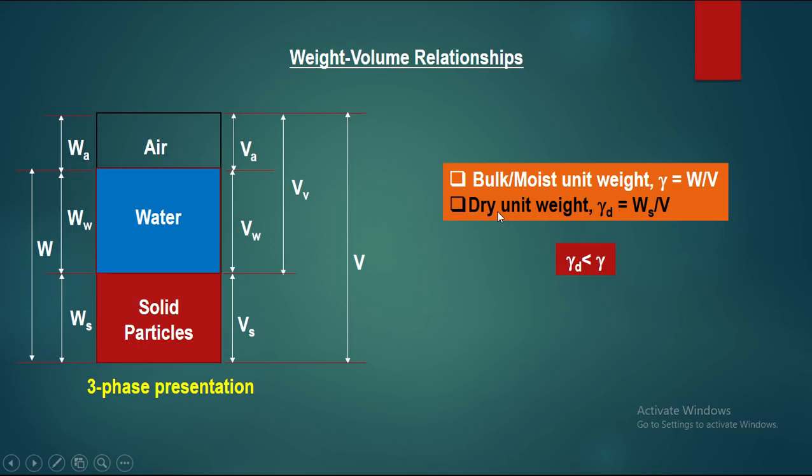And then we have the other definition, of course, which does not involve moisture or water in the soil mass, that is the dry unit weight. That is the ratio between the weight of the solid particles to the total volume of the soil mass. So that doesn't involve any water. And of course, from the very understanding of the three-phase presentation, if you look at the definitions, definitely the dry unit weight will always be less than the moist unit weight.